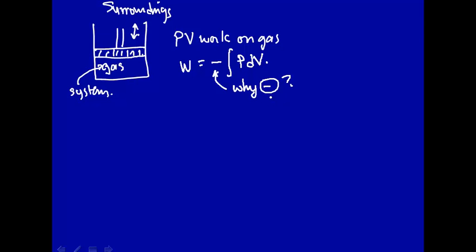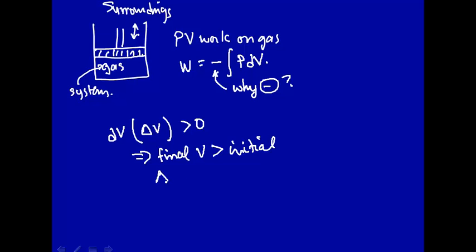All right, well, let's look at this. Suppose that you have a dV, or another way, if you look at finite changes, delta V, is, say, greater than 0. That means that the final volume is greater than the initial.